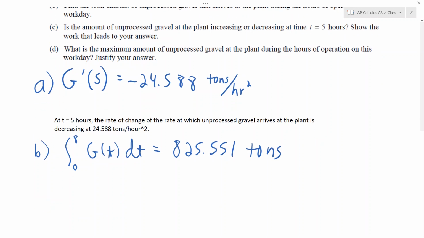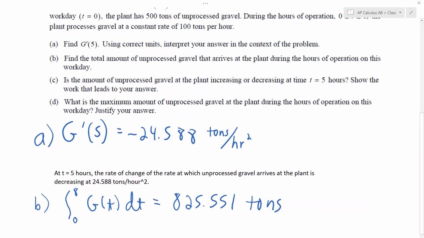C. Is the amount of unprocessed gravel at the plant increasing or decreasing? Here's what I keep telling you about this A of T thing. A lot of y'all, for some reason, did not do this on the test. I said you can make up an amount function. You don't have to. You can just say, is G of T bigger than or less than 100?